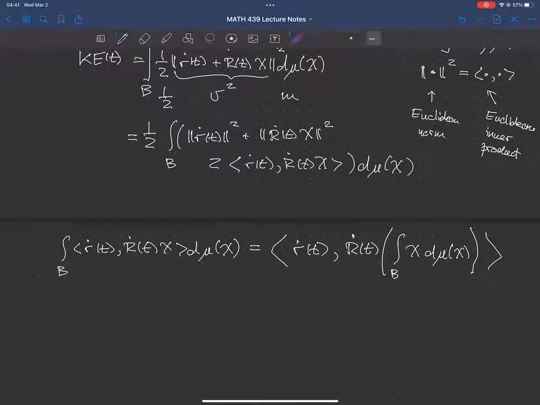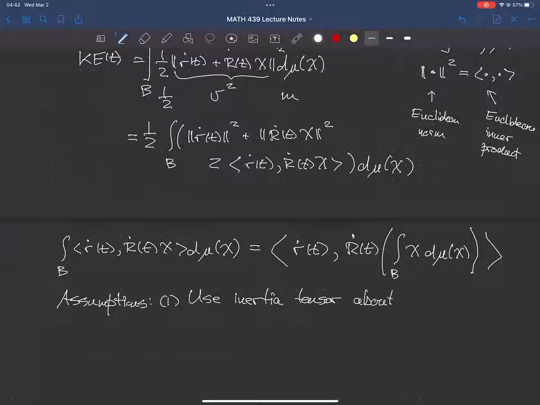Okay, so now we simplify this, keeping in mind that we are going to make some assumptions here. And there's two assumptions that we're making. We talked about this when we talked about the inertia tensor. So assumptions. First thing is we're going to use the inertia tensor about the center of mass.